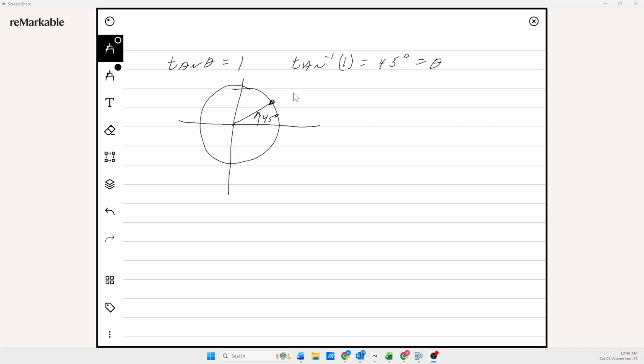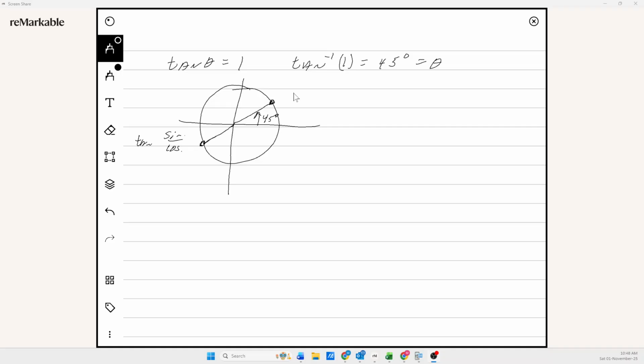But where else is the tangent positive? Well, it's in the third quadrant, because remember, the tangent is sine over cosine. If both sine and cosine are negative, which they are in the third quadrant, I'm also going to be right there.